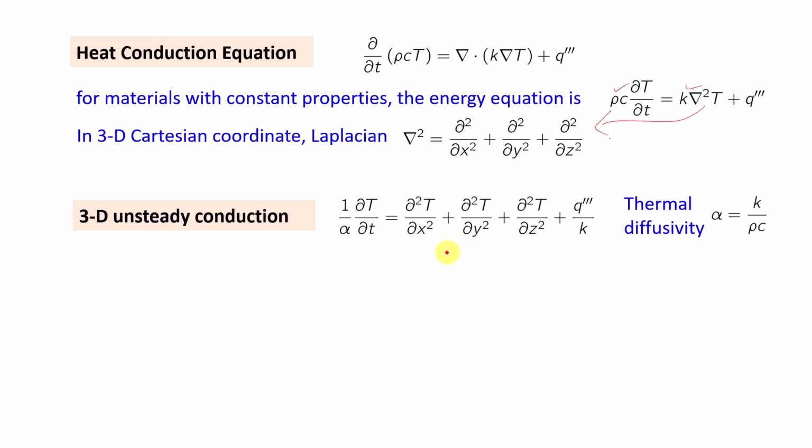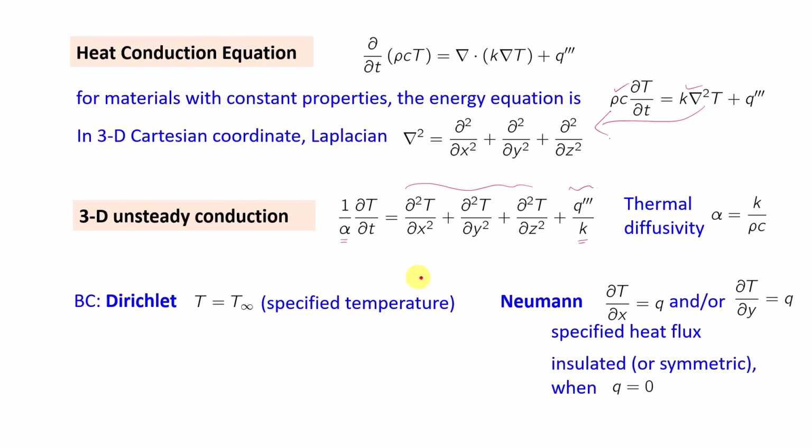We are interested in this 3D unsteady equation, where I am taking alpha with dT/dt and writing it in this manner. This is my Laplacian, and this is the source term divided by thermal conductivity. Alpha is the diffusivity. Boundary conditions could be three types as usual: Dirichlet type, specified temperature; Neumann type, specified flux; or Robin type, that is convective.